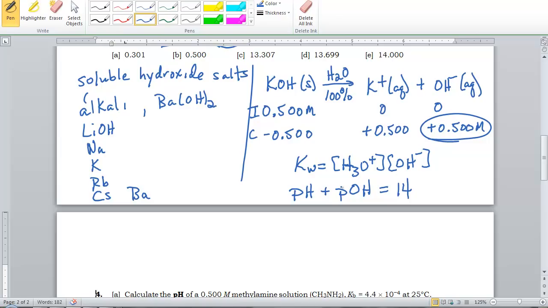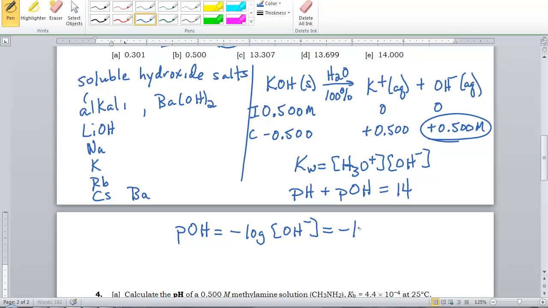Negative log of hydroxide is pOH. This lowercase p just means take the negative log. So pOH means take the negative log of the hydroxide. Another way we could solve this is to calculate the pOH first. Again, pOH just means take the negative log of the hydroxide concentration.